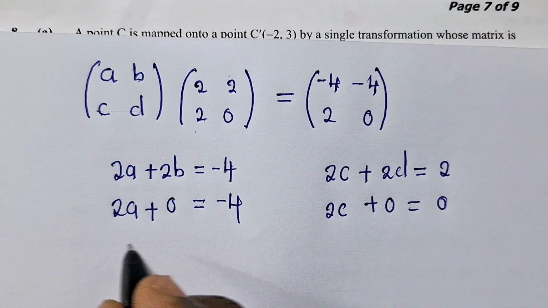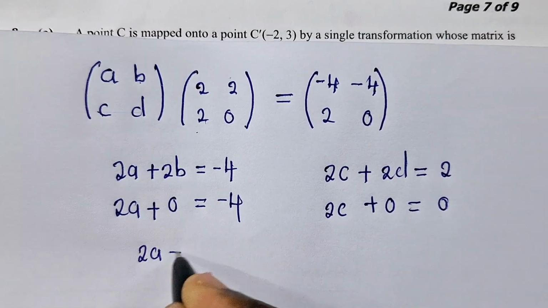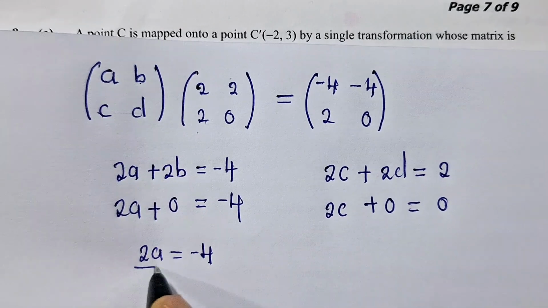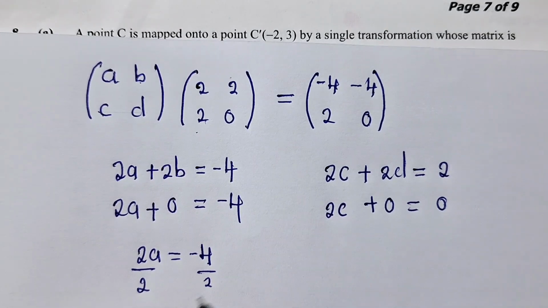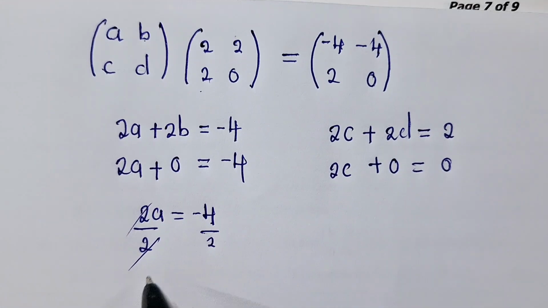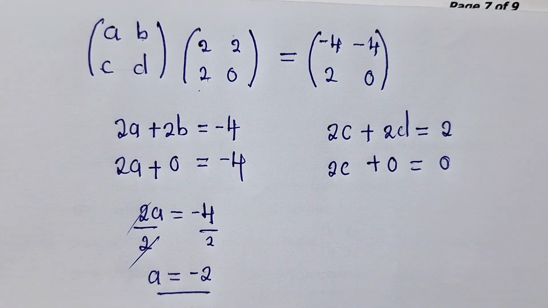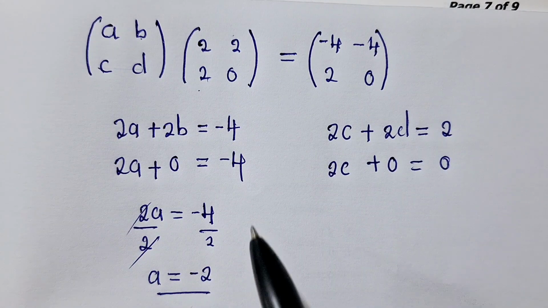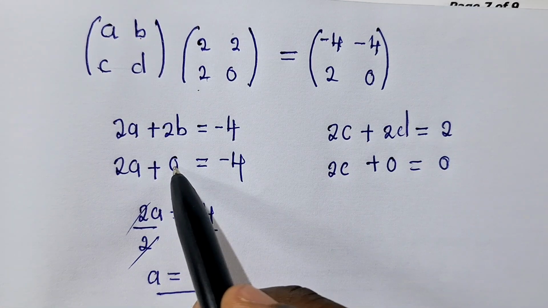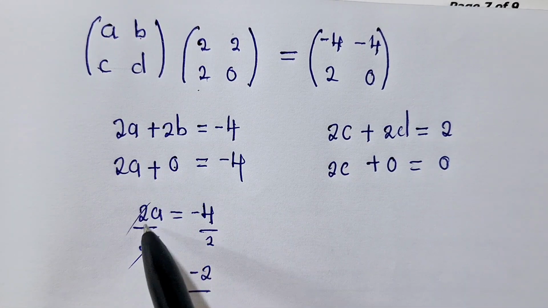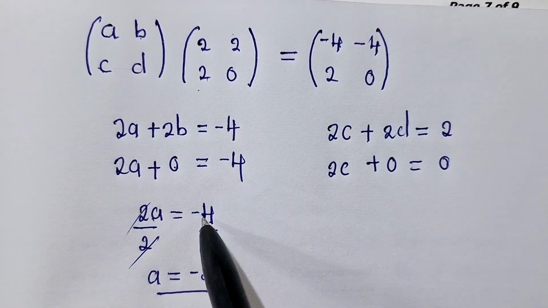I'll solve this. It will be 2A is equal to -4, divide by 2 on both sides. This and this will go. The value of A will be equal to -2. That's my A. So if you're wondering what I've done here, I know there's a 0 here, so I just said that 2A, which is this one, is equal to -4.